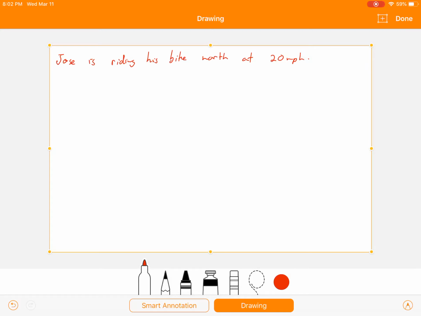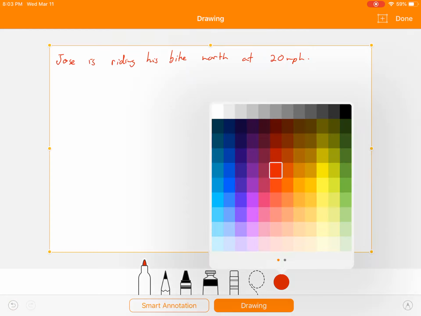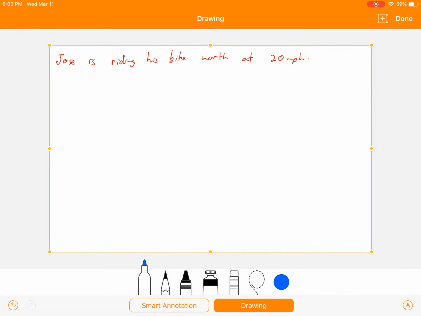So let's say Jose, that's right, Jose from second period, is riding his bike north at 20 miles per hour. Now let's say a wind catches Jose at a certain point.